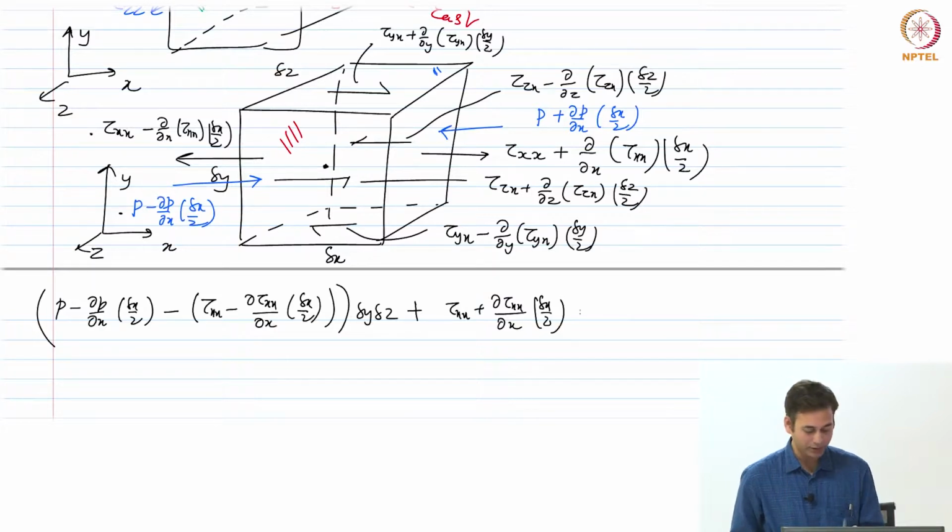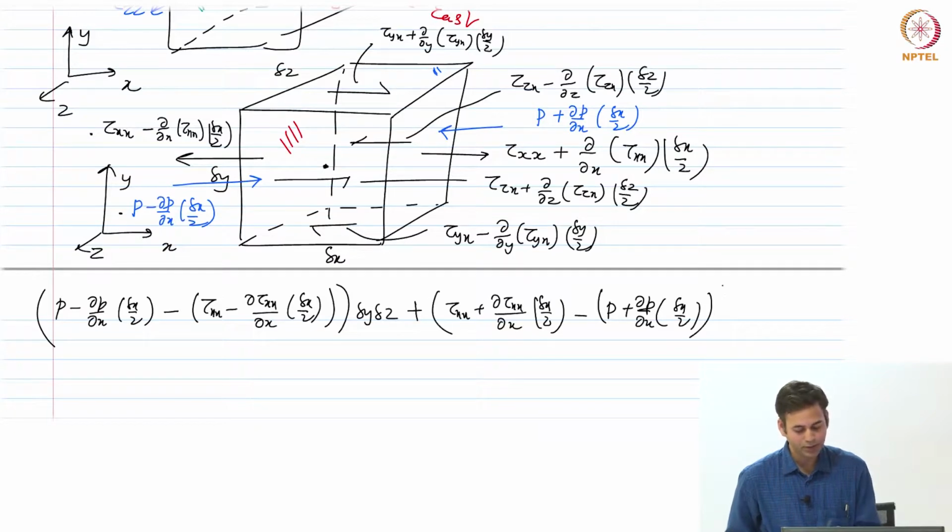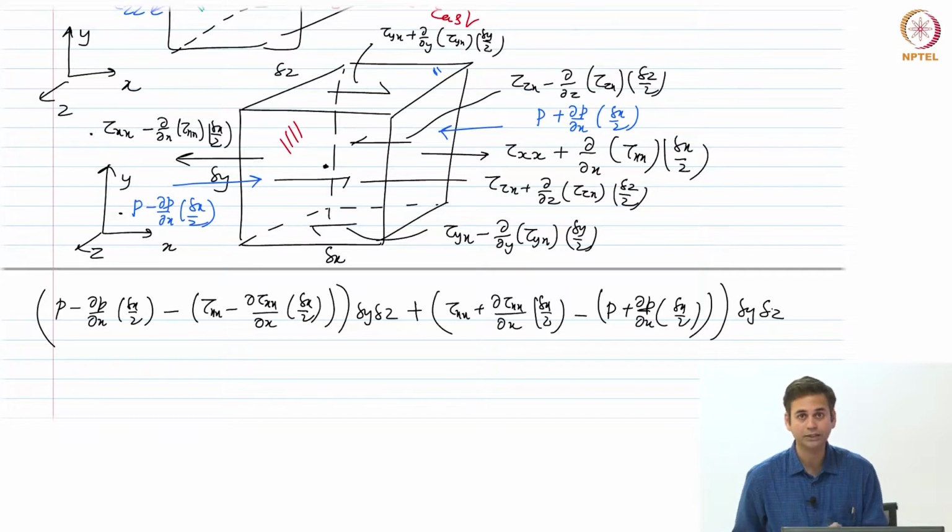So, I have a positive here, minus we have the pressure acting in the negative x direction, that will be P plus partial P partial x delta x by 2. Again this is also multiplied with delta y delta z. Is that all?